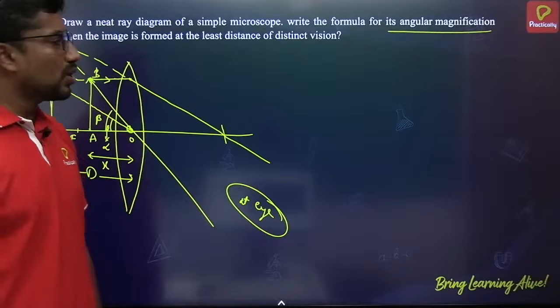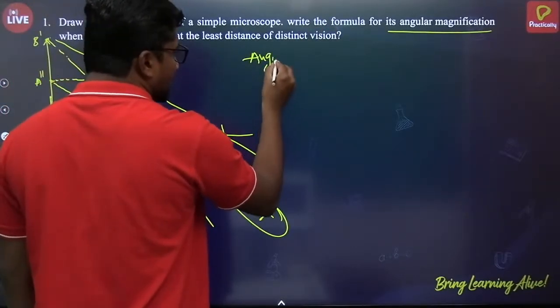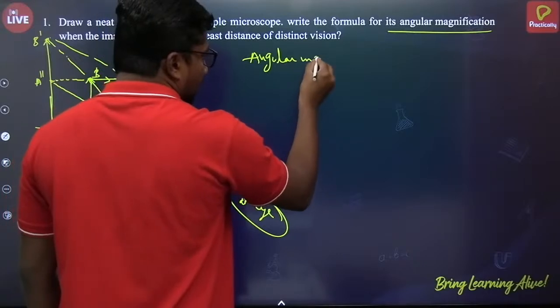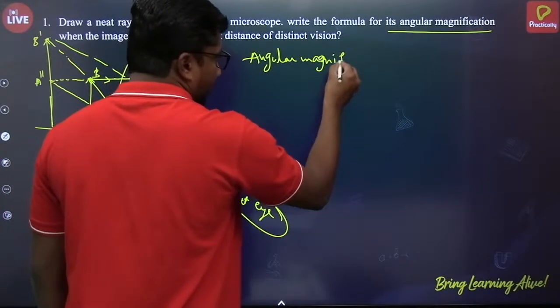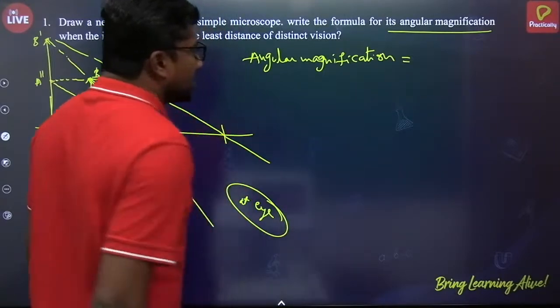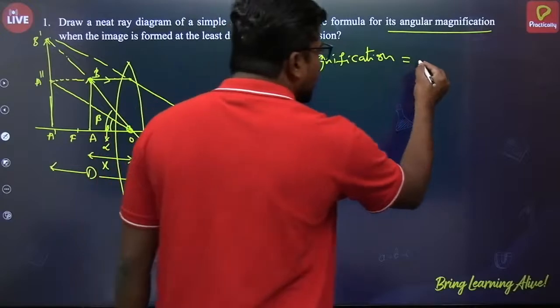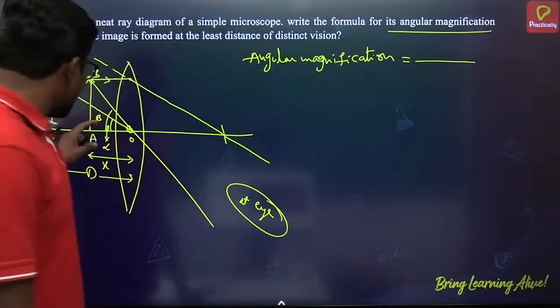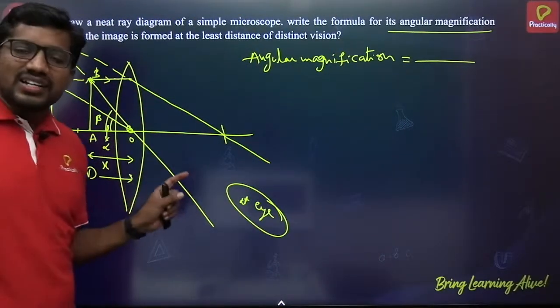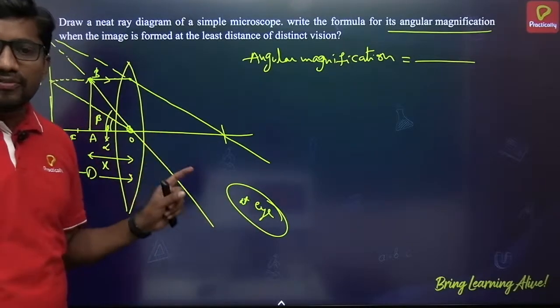So angular magnification, just now I said, can be defined as the ratio between the angle subtended by the image at the least distance of distinct vision by the angle subtended by the object at the least distance of distinct vision.